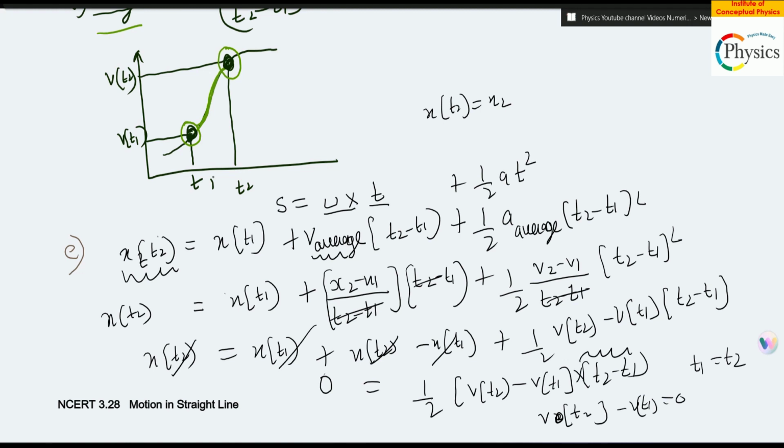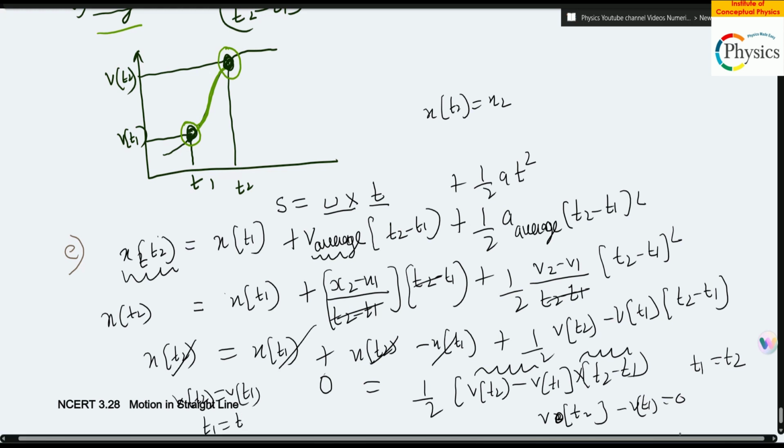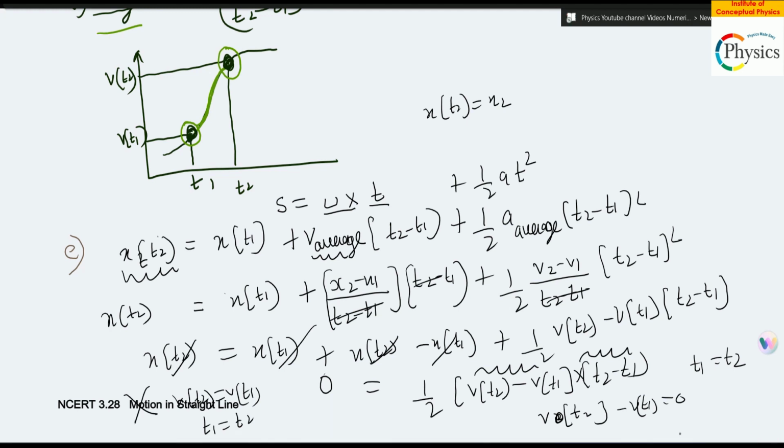Multiplication, right? Either this is 0 or this is 0. So the answers you get from this is VT2 is equal to VT1. The other answer you get is T1 is equal to T2, right? This is all absurd. This graph doesn't tell you any of this. It's a very strange thing. So this equation is also not correct.